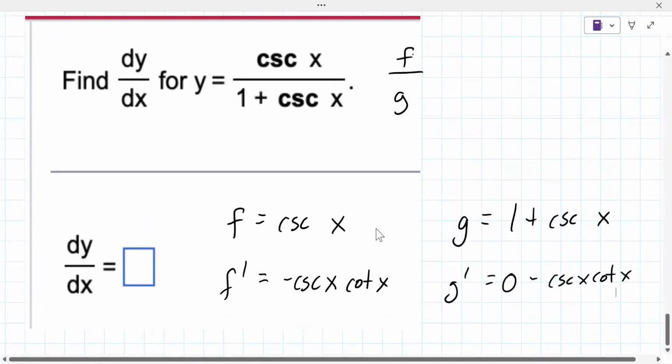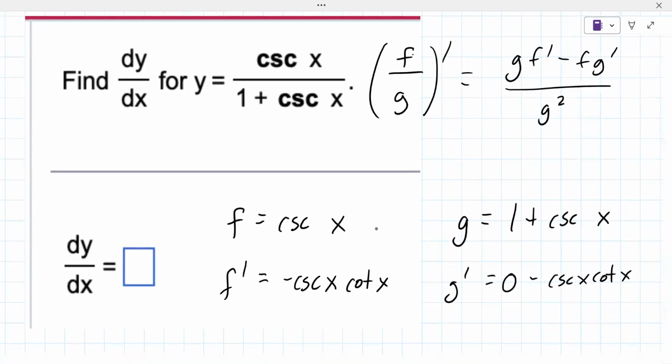All right, so now the quotient rule derivative is bottom times derivative of the top minus top times derivative of the bottom over the bottom squared.